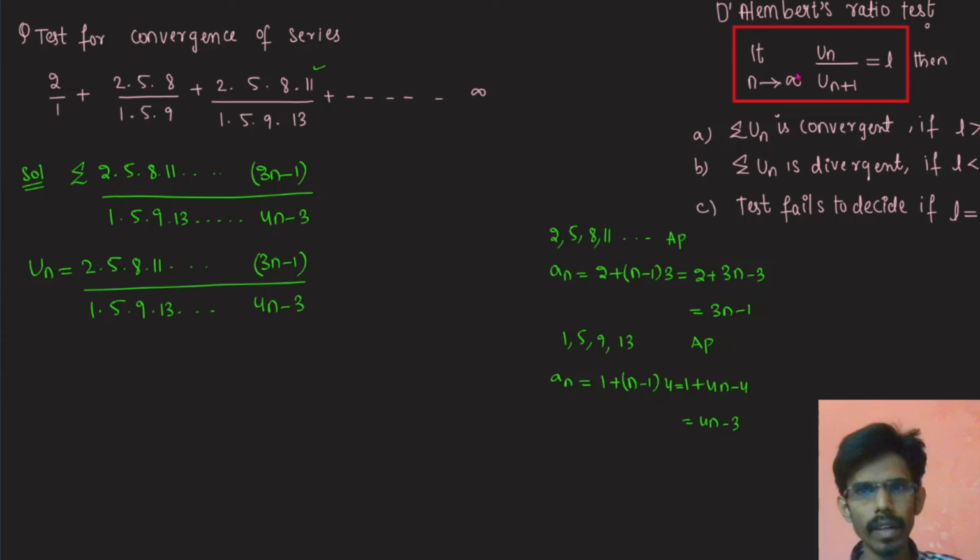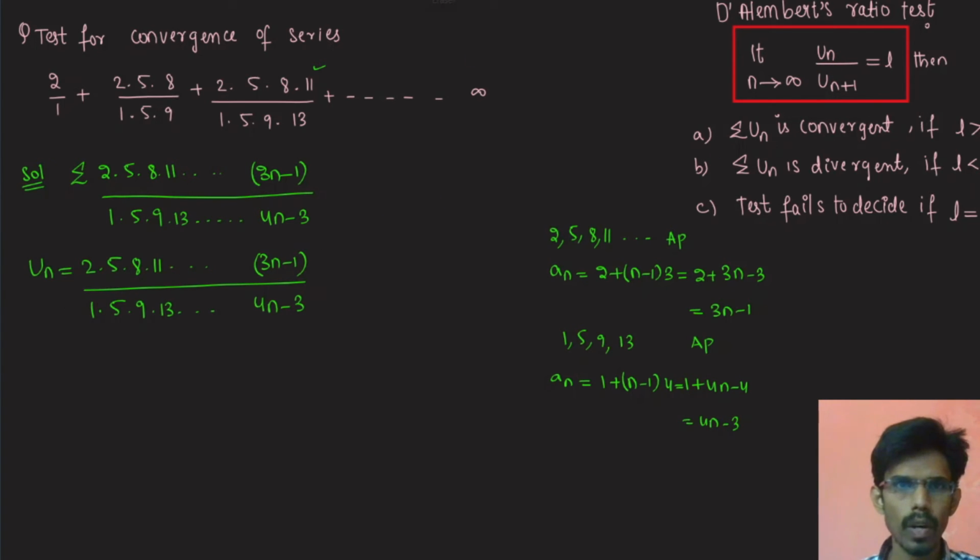Now we got un, we want un plus 1. Un plus 1 will be 2 into 5 into 8 into 11 and so on.